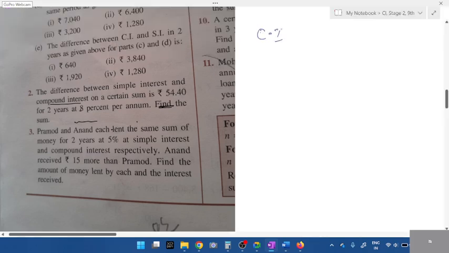So this is the formula, CA minus SA. What is the difference given? What is the difference amount? This is the first equation. Next. Is principal given for both? Principal, no, principal is not given. So for both compound interest and simple interest, we'll take principal as P, or we'll just keep it as it is.